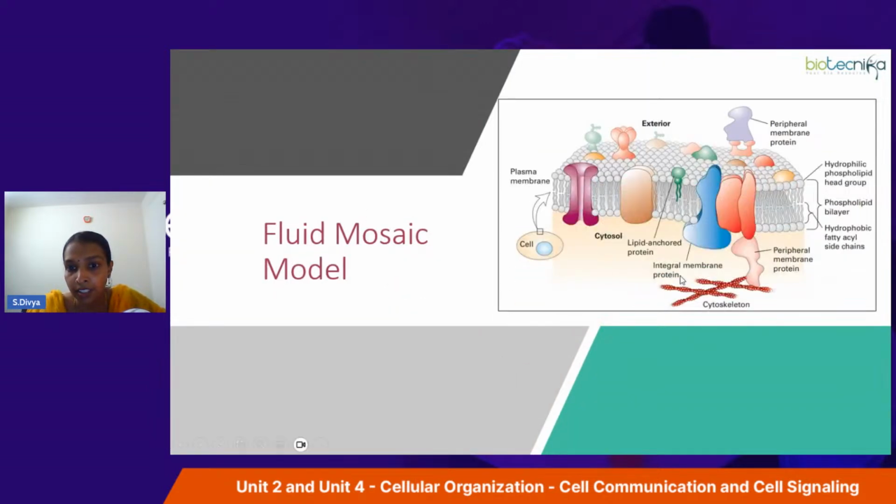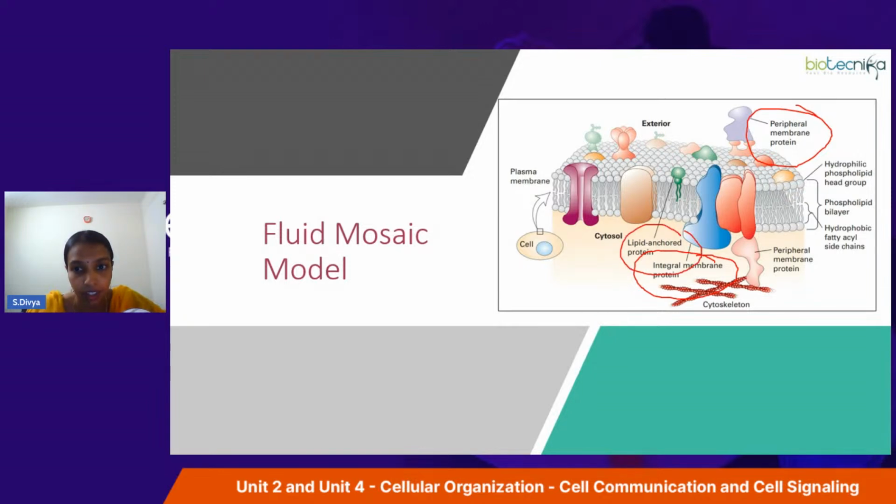As you can see in this image, this is our fluid mosaic model, the model for the plasma membrane. We have peripheral membrane proteins, which, as I told you, are present in the periphery of the membrane. Integral membrane proteins are spanning within the membrane, either single or multiple. Apart from that, you will also find some lipid anchored proteins.